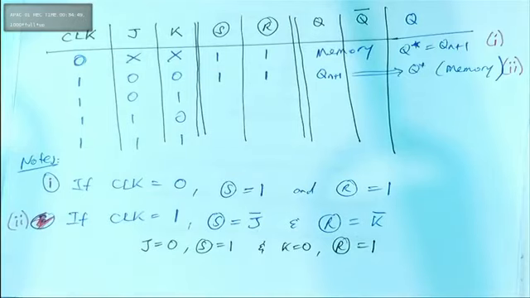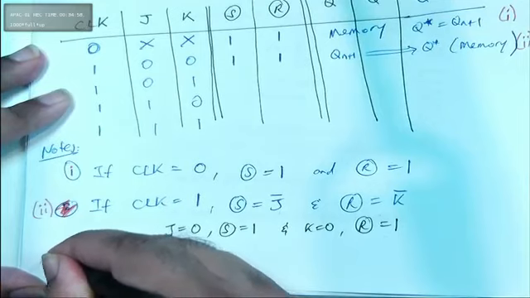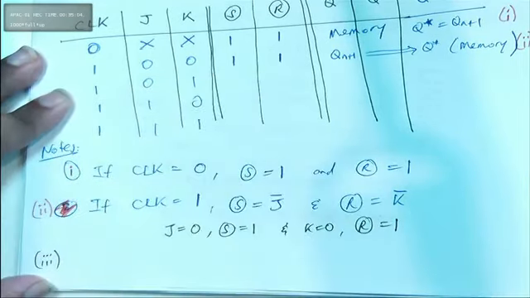0, 1. 0, 1. Let's do number 3 now. We're considering this one. J is equal to 0, K is equal to 1, and clock is equal to 1.